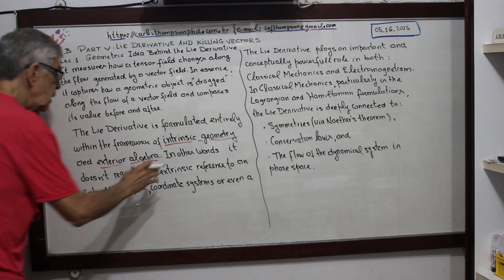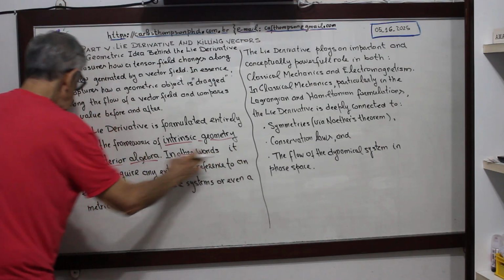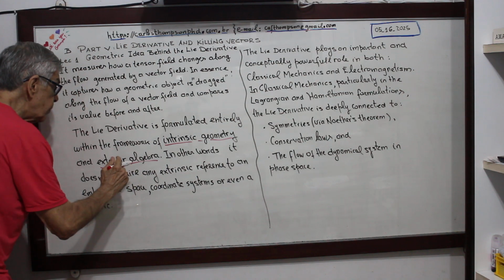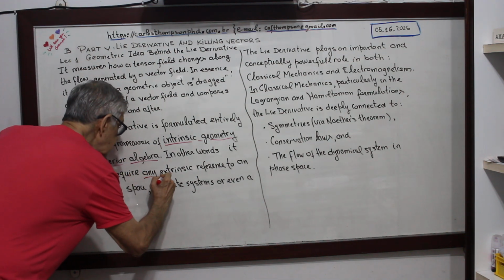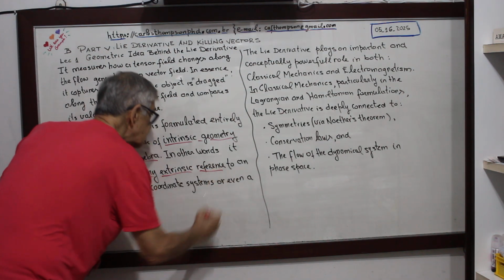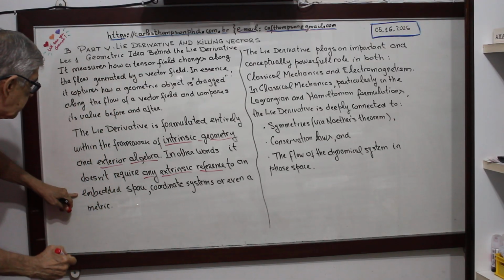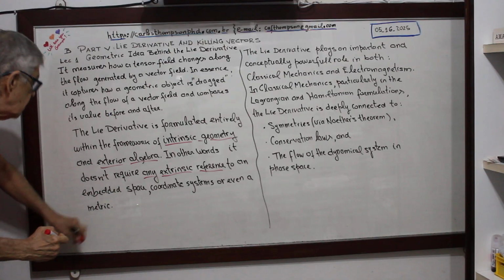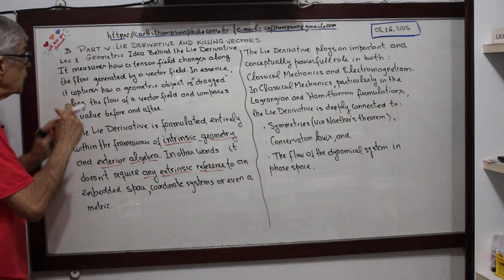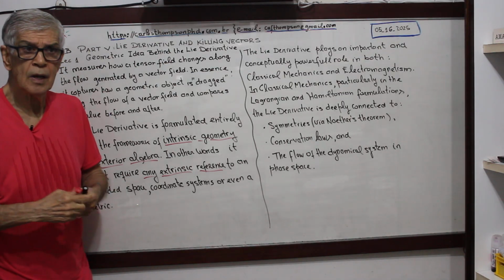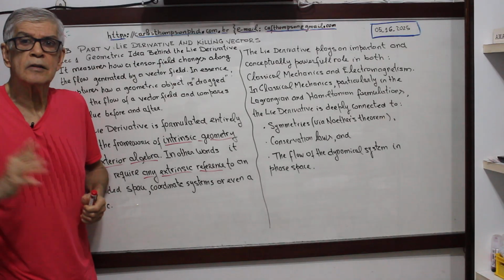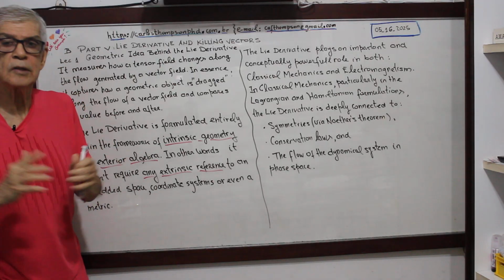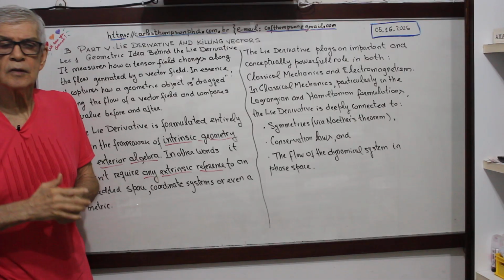So, in other words, it does not require any extrinsic reference to an empirical space, coordinate system, or even a metric. So the Lie derivative is closely related to the intrinsic geometry, manifolds, and so on.